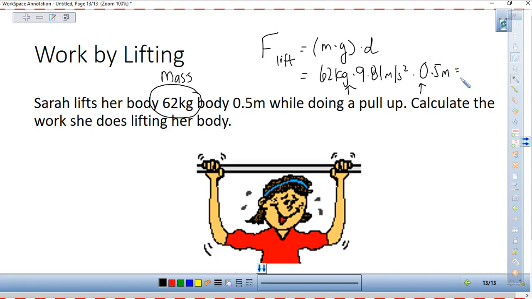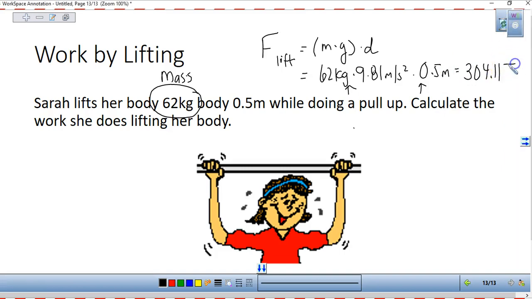So when you calculate that out, you get 304.11 of positive work. Like that.